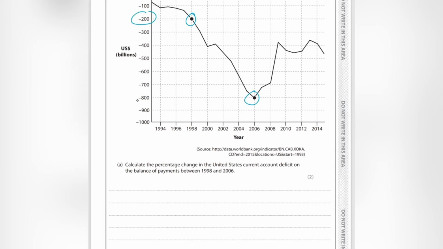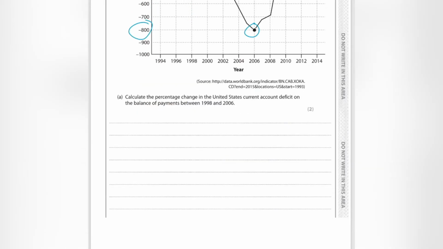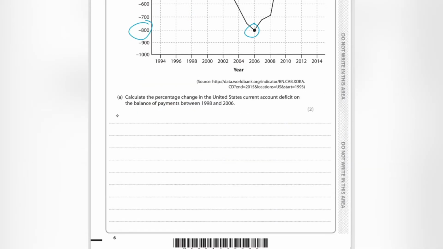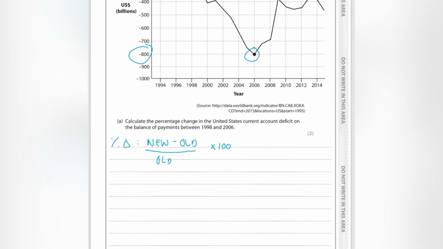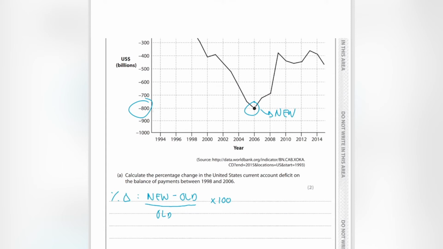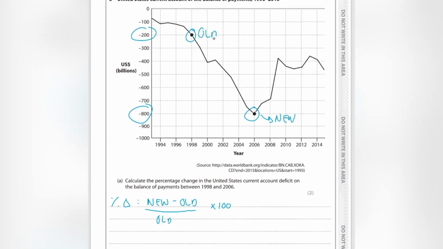So when I'm calculating this, percentage change is new minus old divided by old times 100. This is my new value because it's just a more recent date, and this is my old value.